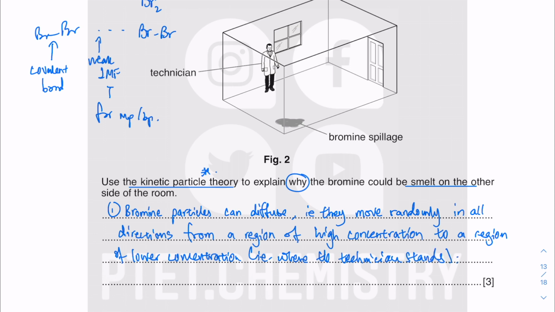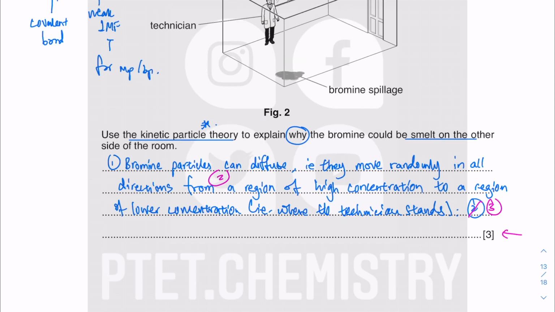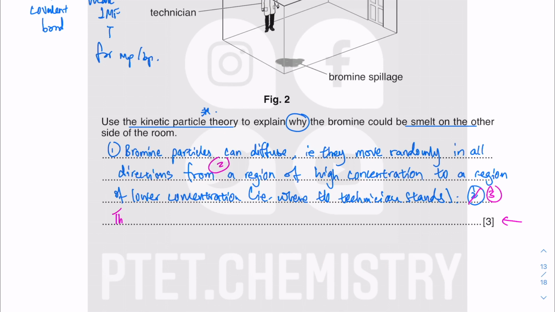Okay, so in doing so, there are actually 2 of my points in there already. Move randomly in all directions. My second point is moving from a region of high concentration to a region of low concentration. And my third point, really, since there are 3 marks: the bromine particles would have mixed with the air particles to a uniform concentration.